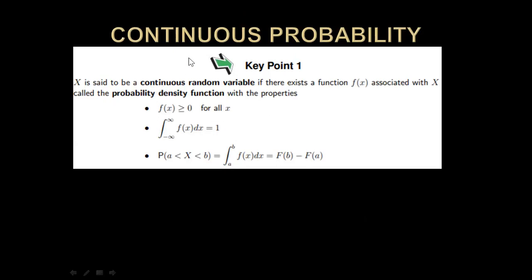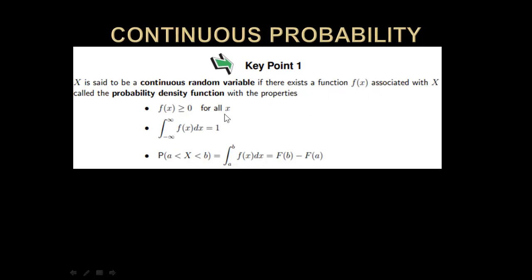So this one differs with discrete probability. X is said to be a continuous random variable if there exists a function f of x associated with x called the probability density function, with the properties that f of x is greater than or equal to 0 for all values of x.